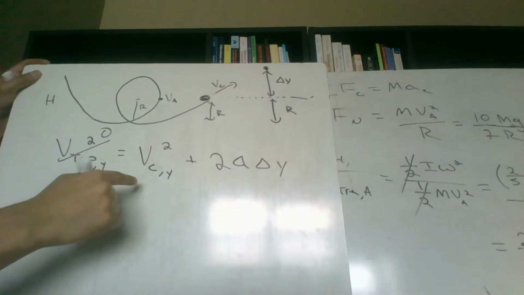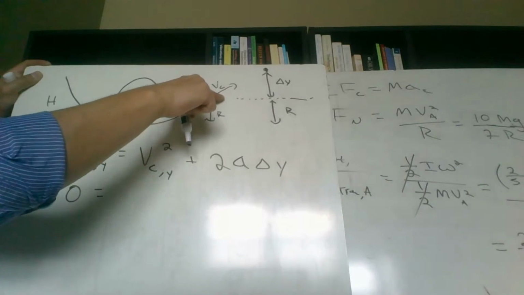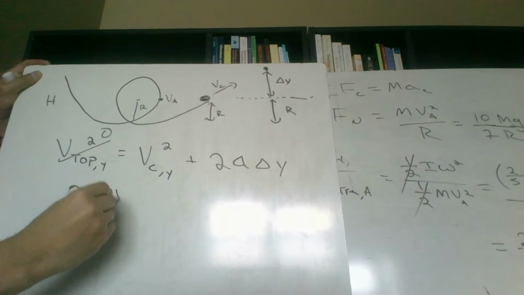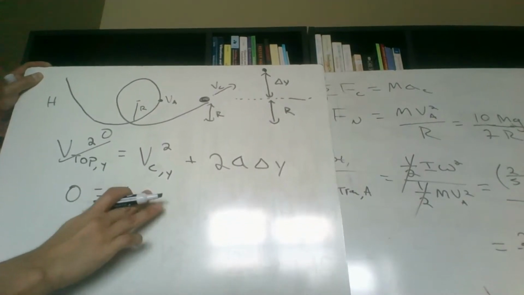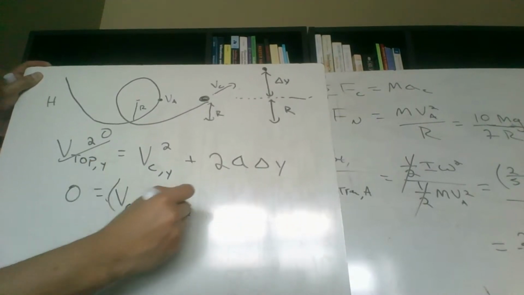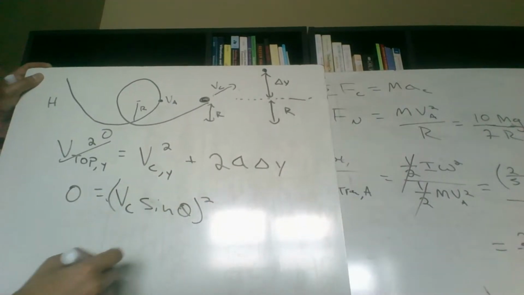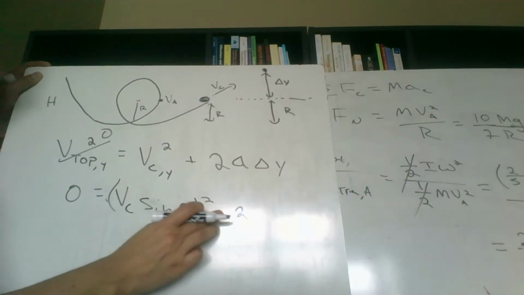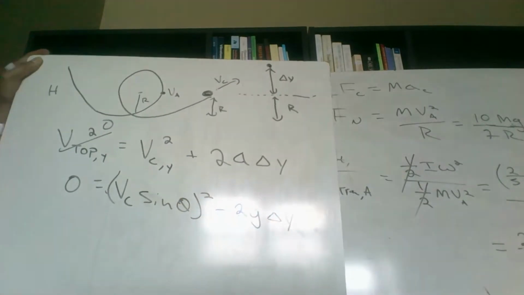Now what's velocity c in the y direction? Well, we have 0 equals the velocity of c in the y. This is the opposite side, not the adjacent. So we have vc sine theta, all squared. So that's this term in terms of just vc. And that's going to equal negative 2g delta y.